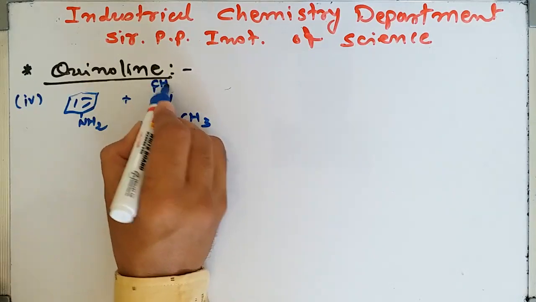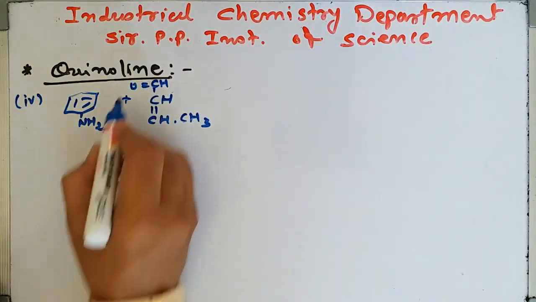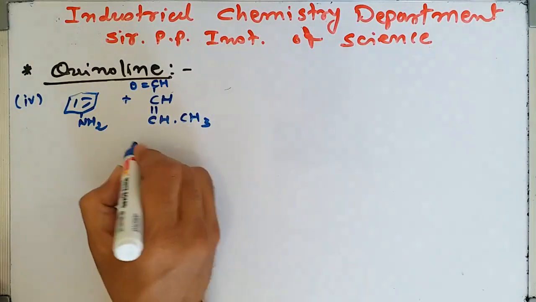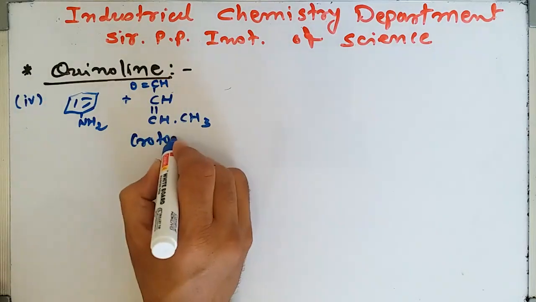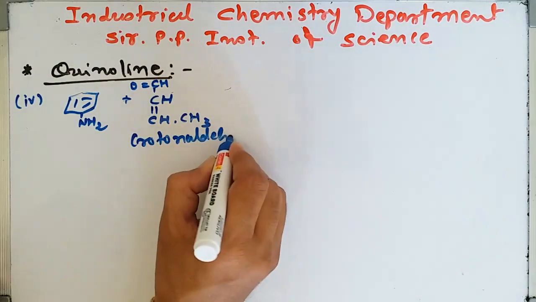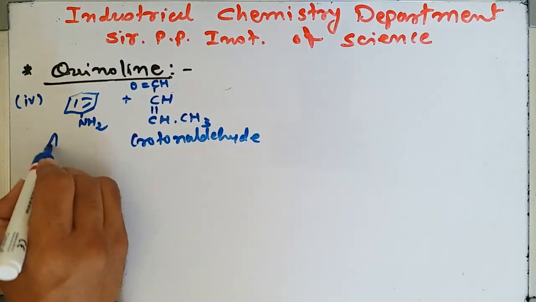CH3CH=CHCHO is crotonaldehyde. This is aniline.